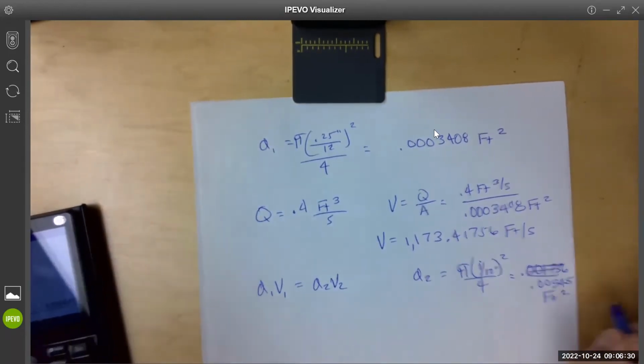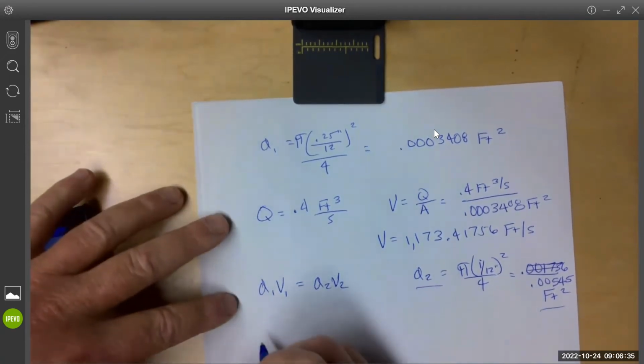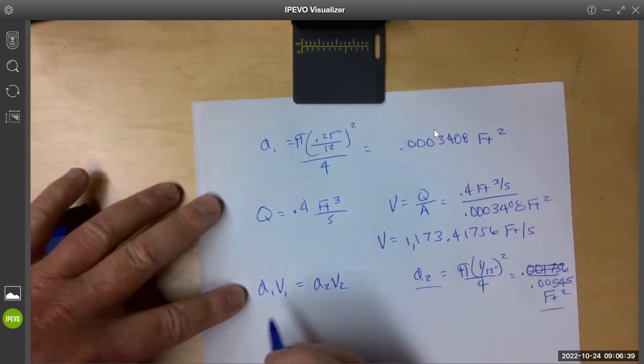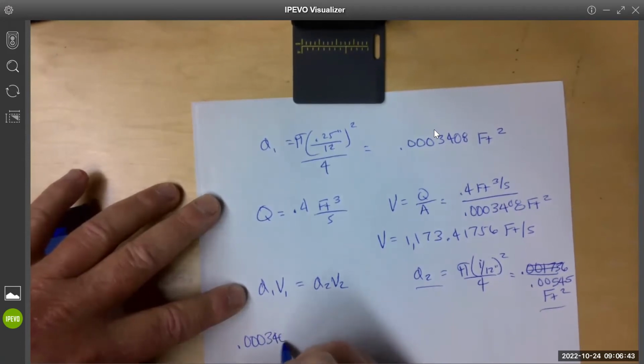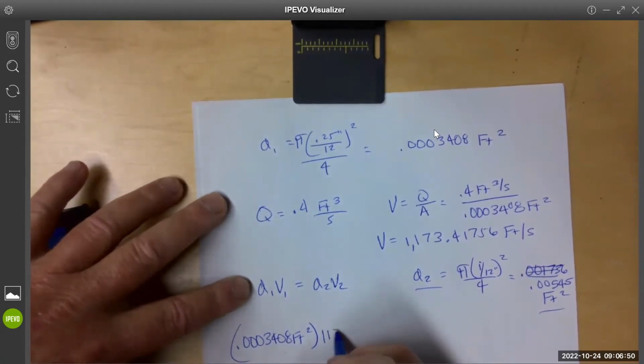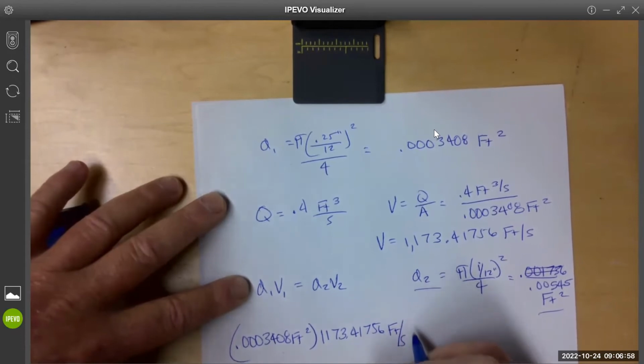All right, and units? Yep. Area, square feet. So now we should be able to go A1, which was 0.4, 0.0003408 feet squared times V1, 1173.41756 feet per second.